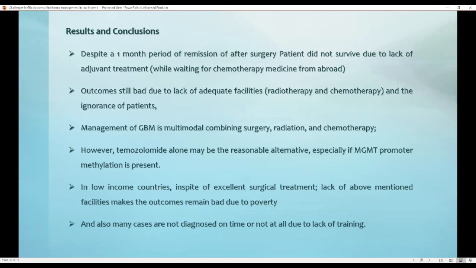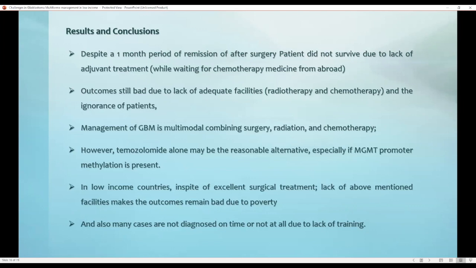If discovered earlier, low-grade gliomas are operated and treated by this combined radiation and chemotherapy, and we can expect maybe a good outcome.